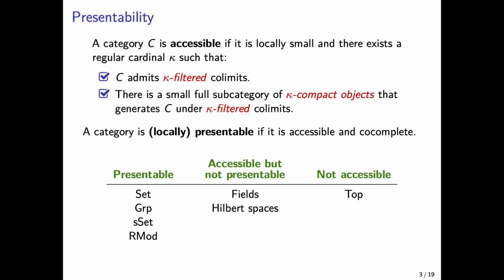It's not so easy, at least for me, to find non-accessible categories, but one example is the naive category of topological spaces without any restriction. And that's more or less the classical theory.